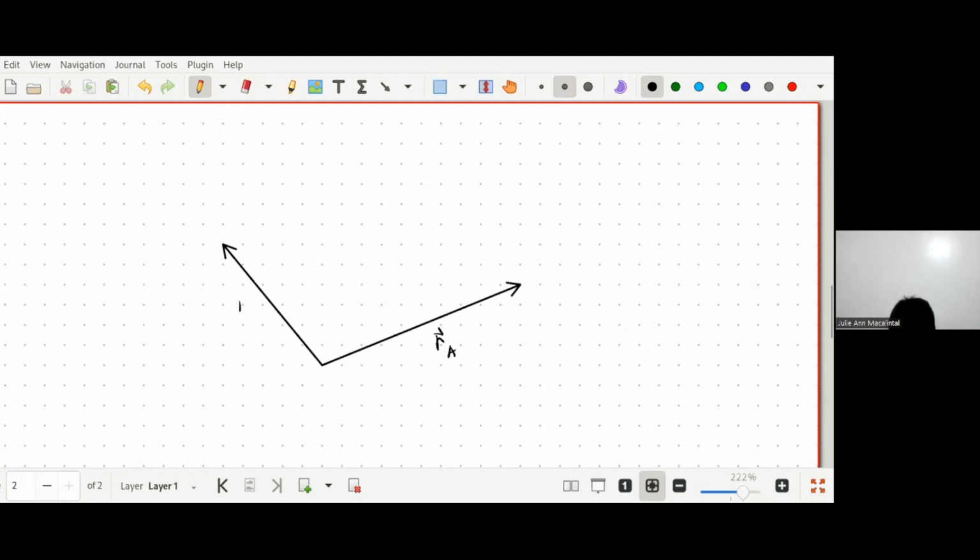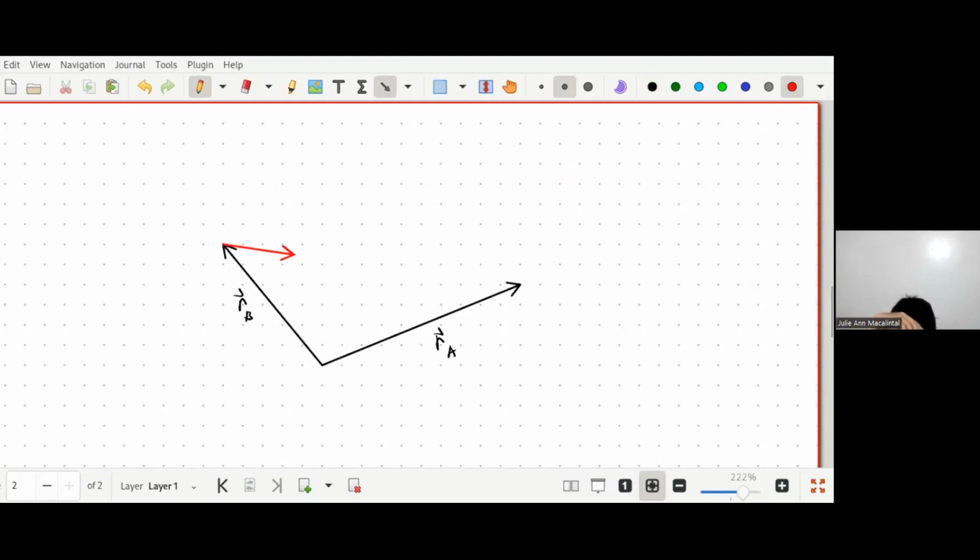This is the position of B. Ngayon, we're looking for the position vector with respect to B. I'm going to use a different color para kita. So, let's use red.